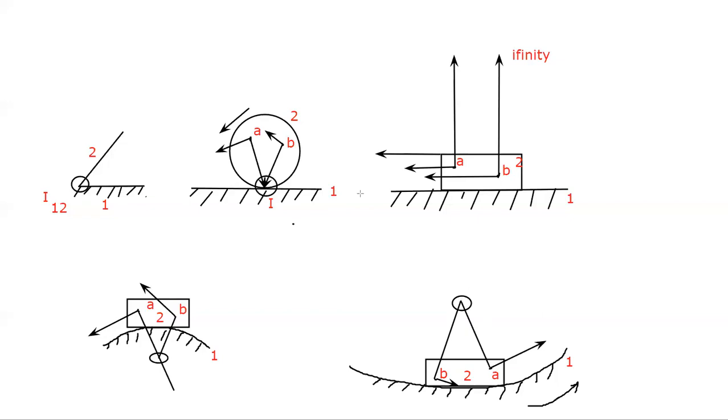Okay, so this is how we see the different configurations. In the simple link, the I12 will be located here, and I'll mark those points. Here the instantaneous center I12 doesn't match, so that means the I12 point is at infinity.